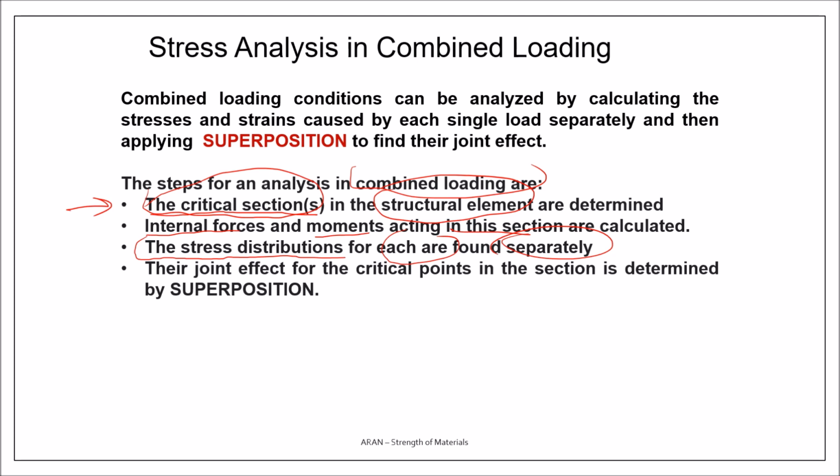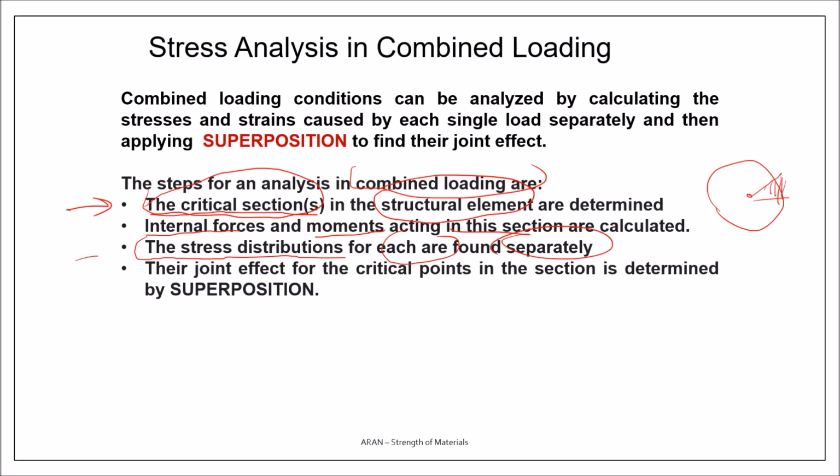For example, if you have a normal force, there will be a uniform normal stress distribution. If you have a torque, the shear stress distribution will be linear, starting with zero in the middle and having its maximum on the surface.